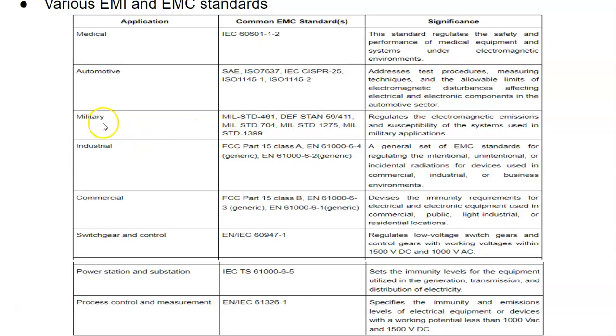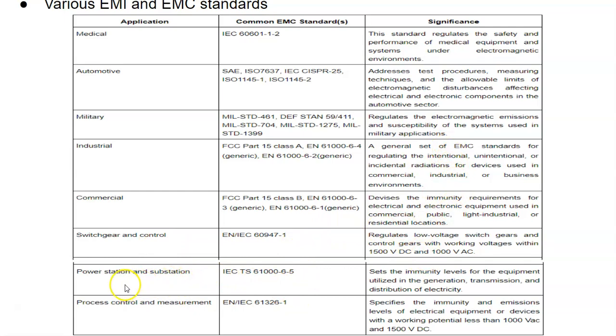Similarly, for military applications, we have different standards which regulate electromagnetic emissions and susceptibility of the systems used in military applications. Then for commercial and industrial applications, power stations and substations, process control and measurement, switchgear and control, we have various standards.